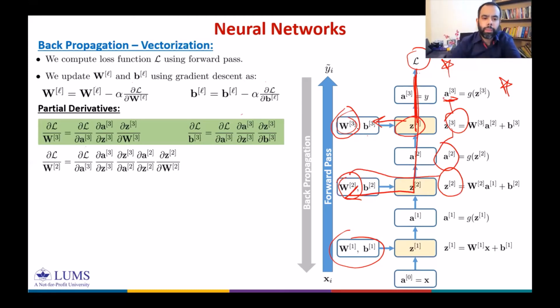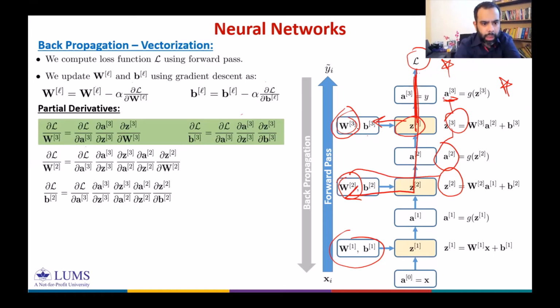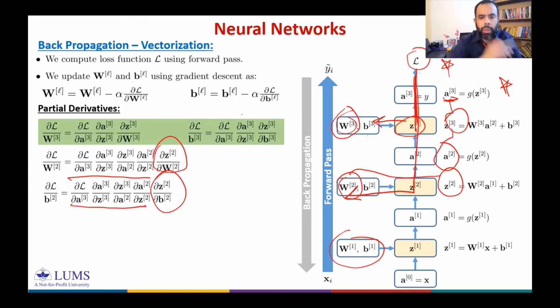If you want it for bias, the first four partial derivatives would stay the same. So only this last one has changed. Similarly, we can move further.